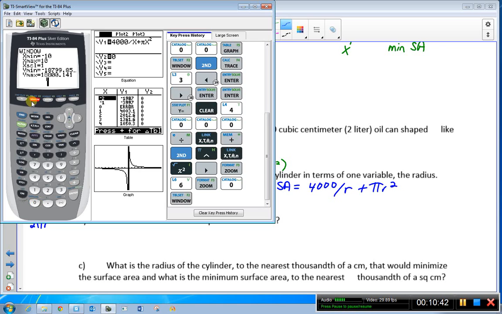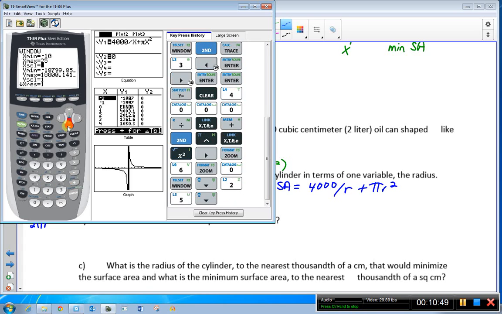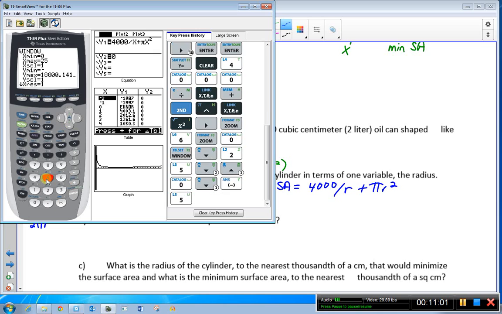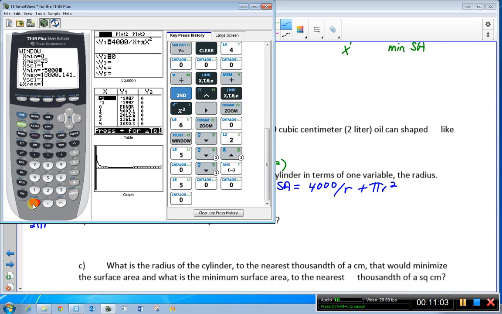So I'm going to again go in and change that x max to 25 and the x min to 0. And the y min to like negative 500. That's a big number they have there for that. They have 18,000 for that y max, so maybe I'll make it negative 5,000.